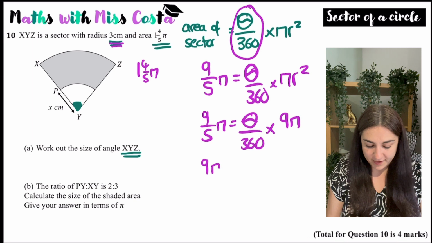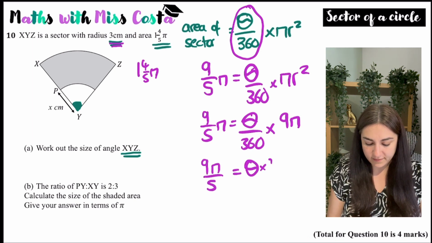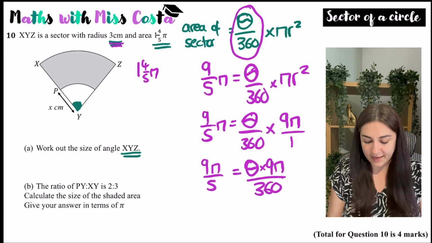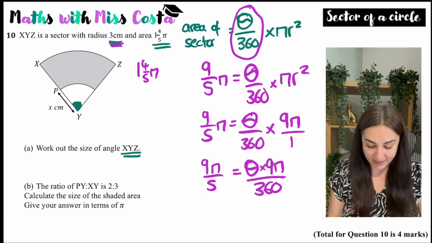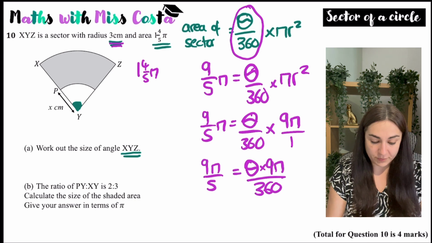So let's simplify that a bit. 9 pi over 5 is equal to theta times 9 pi over 360. I can bring the numerators together. What can I now do?